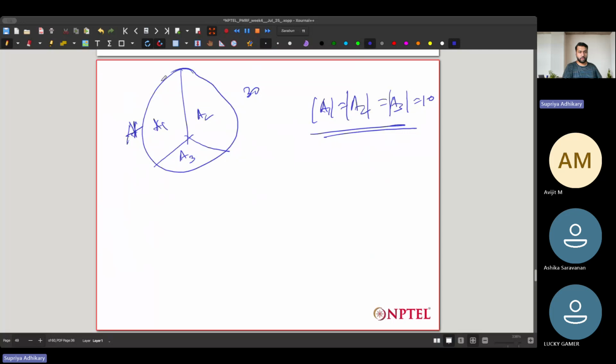Okay, so this is one equivalence class, and it has 10 elements. This is one equivalence class with 10 elements, and this is also an equivalence class with 10 elements. So now, how many pairs does this equivalence class constitute? That will be 10 square. For this also, this is 10 square, and for A3 also, this is 10 square. So the total number of pairs in the relation R should be 300.